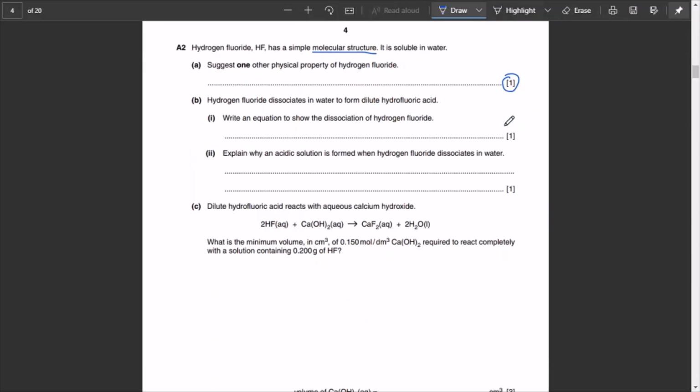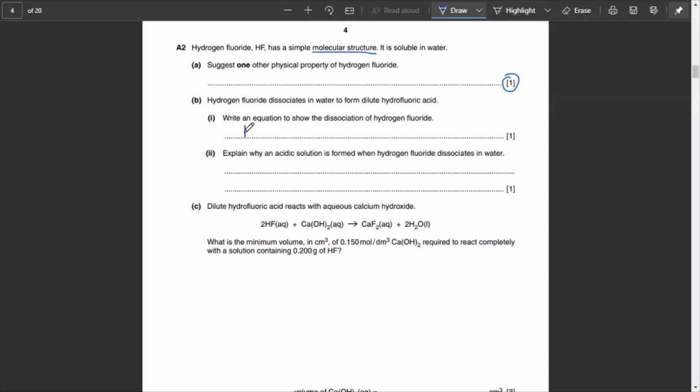B. Hydrogen fluoride dissociates in water to form dilute hydrochloric acid. Write an equation to show the dissociation of hydrogen fluoride. So for the dissociation of hydrogen fluoride, we'll write an equation.